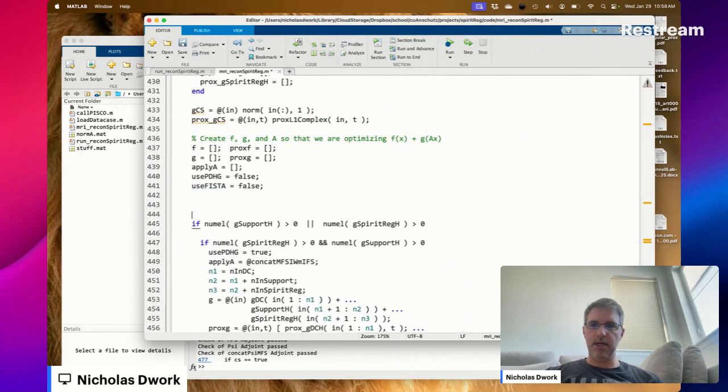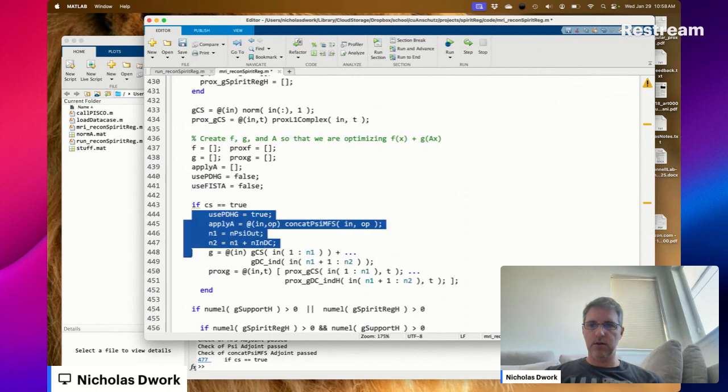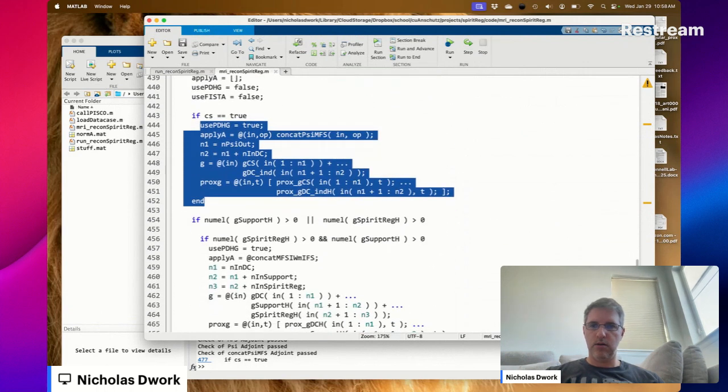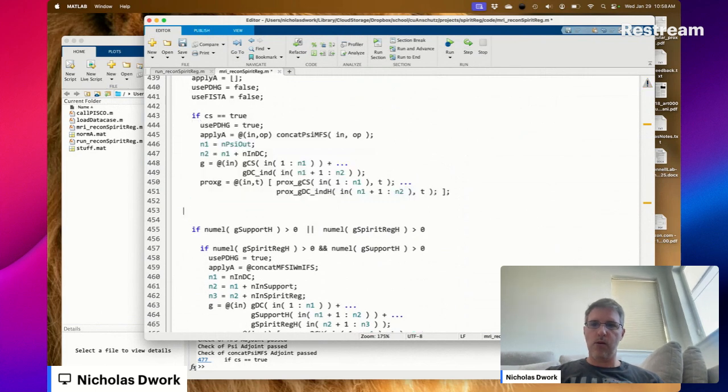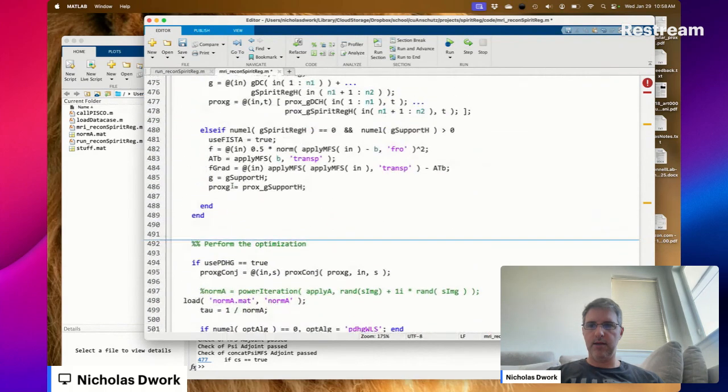We're going to start out by saying, if compressed sensing is true, else 489.